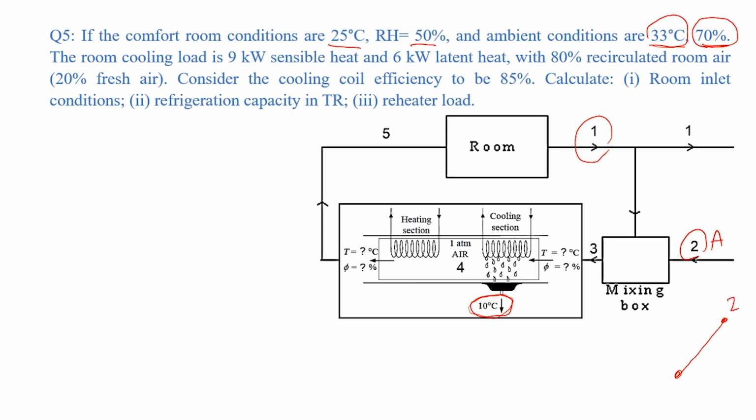So this is point 2 and this is point 1. This is just like the Y-shaped mixer we just took before. So the outlet from the mixer will be point 3. So the recirculation is 80% or fresh air is 20%, means point 3 will be much closer to point 1. So this will be 20% and this will be 80%.